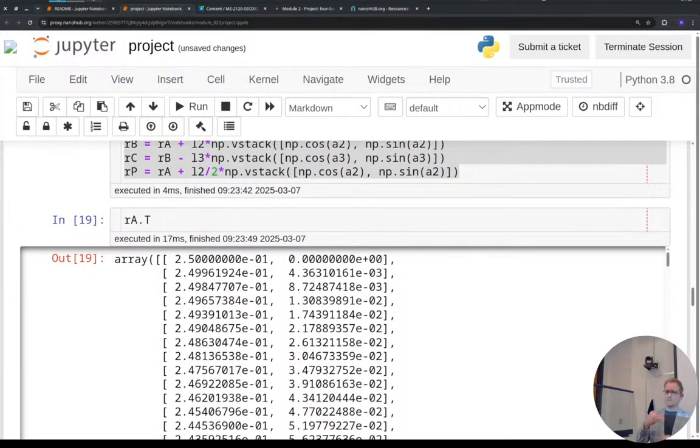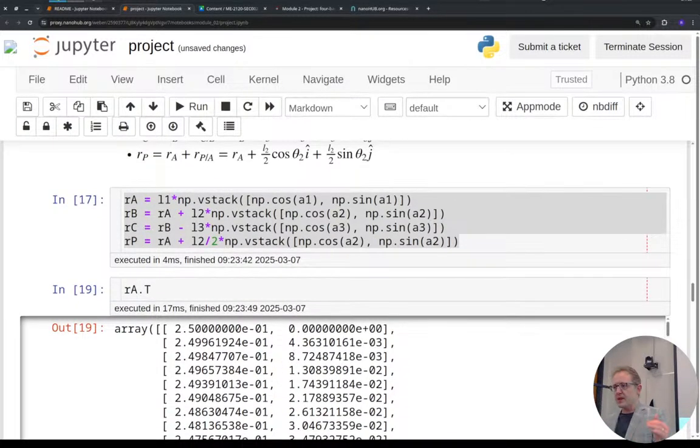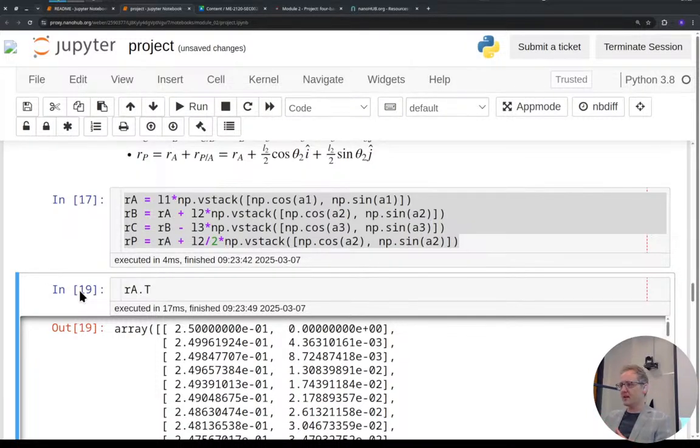I made the rows columns and the columns rows, but here at time 0, hinge A had this XY position. And then at time 1, or when the angle was 1 degree, now it had this XY position. And then same thing for B, C, and P. So all 4 of those are now 2 by n, however many angles I wanted angle 1 to go through.